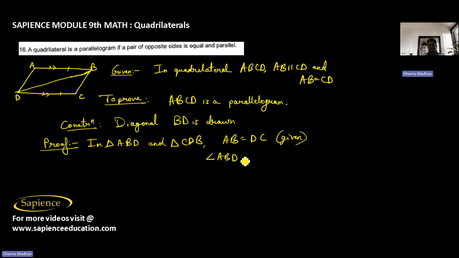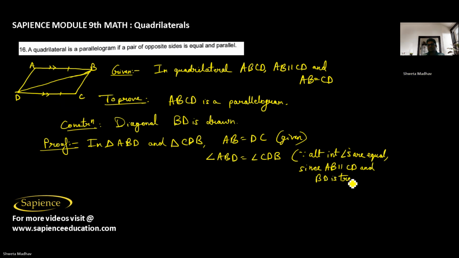Angle ABD is equal to angle CDB, since alternate interior angles are equal, since it is given that AB is parallel to CD and BD is the transversal. So I can say that these two angles are equal. And obviously BD is the common side.